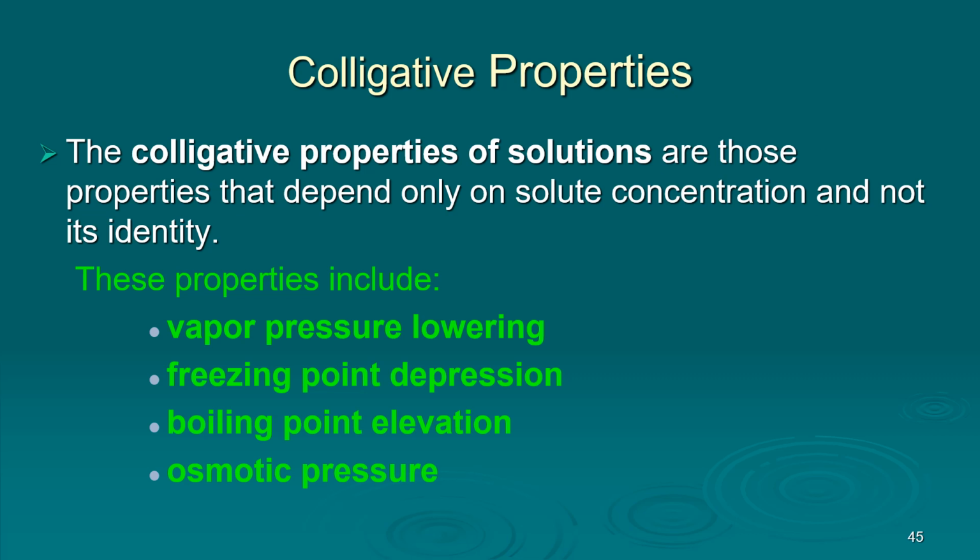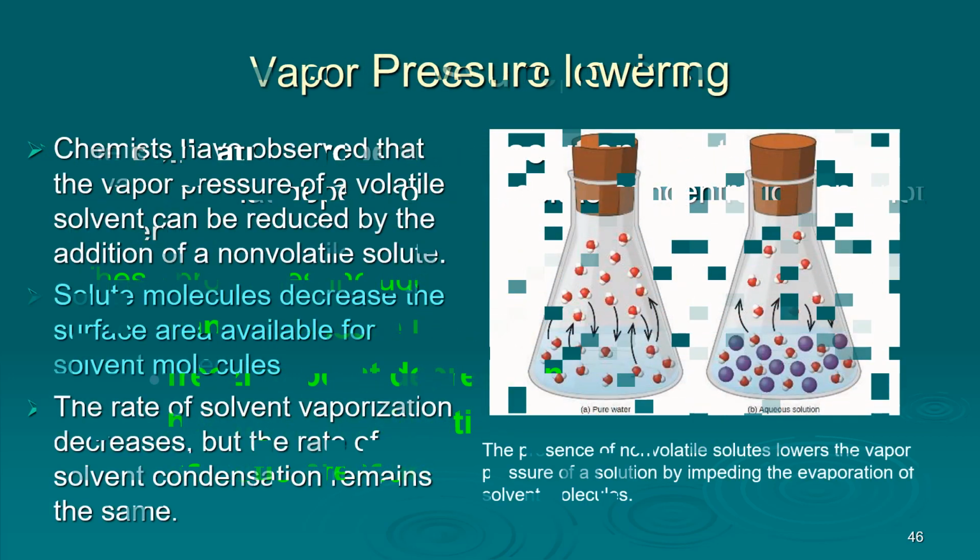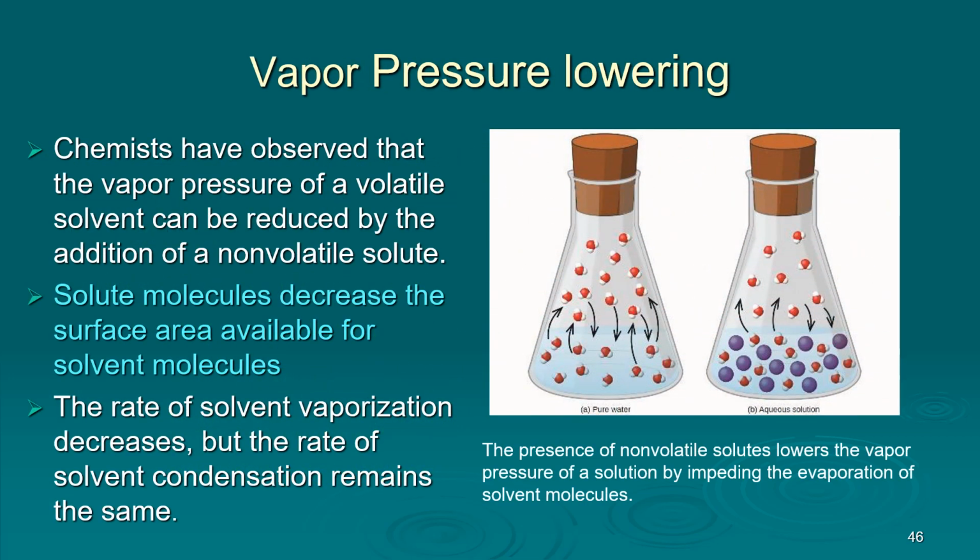What it does is extend the liquid portion of the phase diagram. It'll freeze at a lower temperature and boil at a higher temperature, so it'll be liquid for a longer temperature range. And then finally, there's something called osmotic pressure, which I'll talk more about when we get to it. These are 4 properties that are different for solutions than they are for pure solvents. So let's talk about them in order.